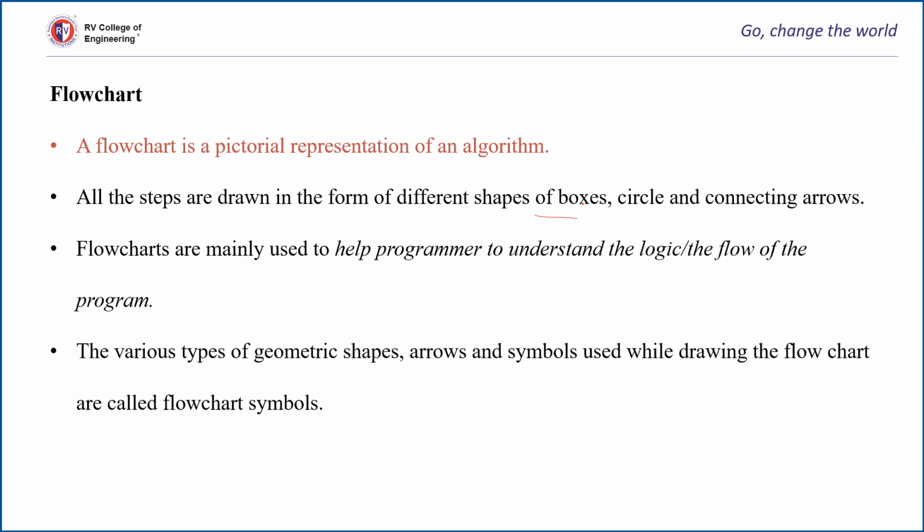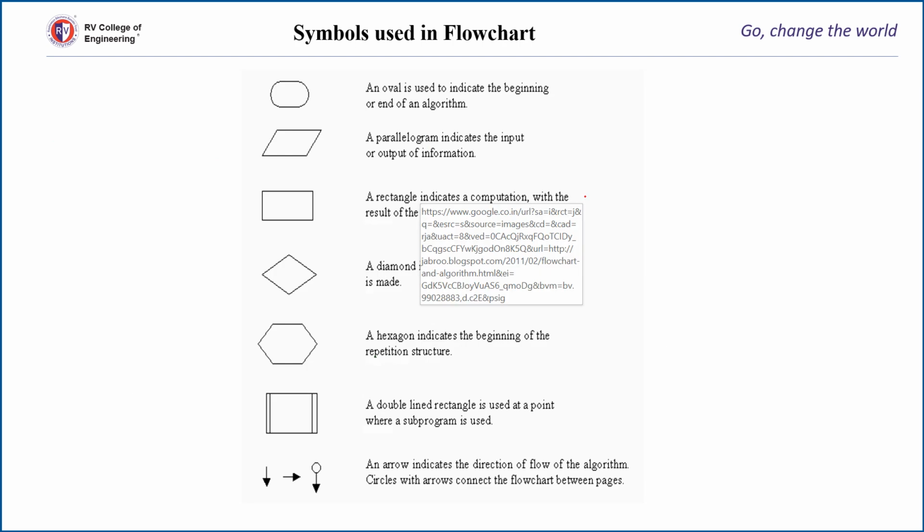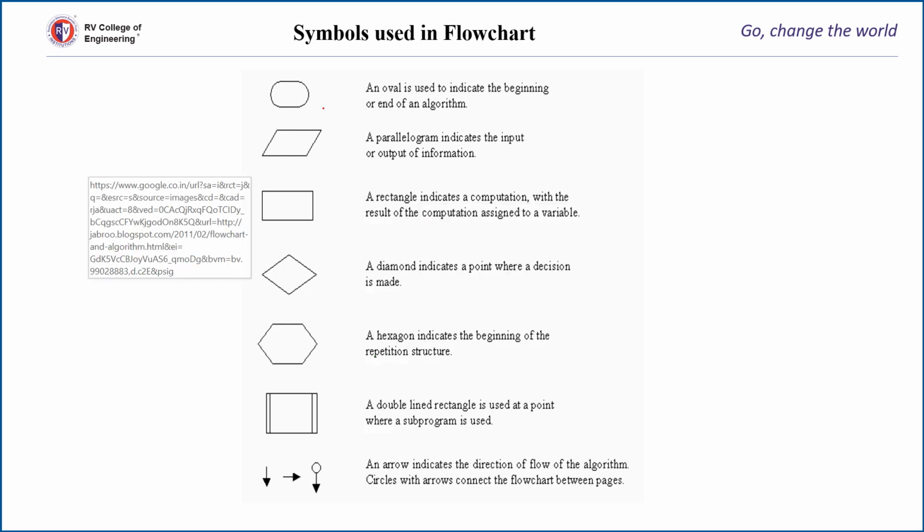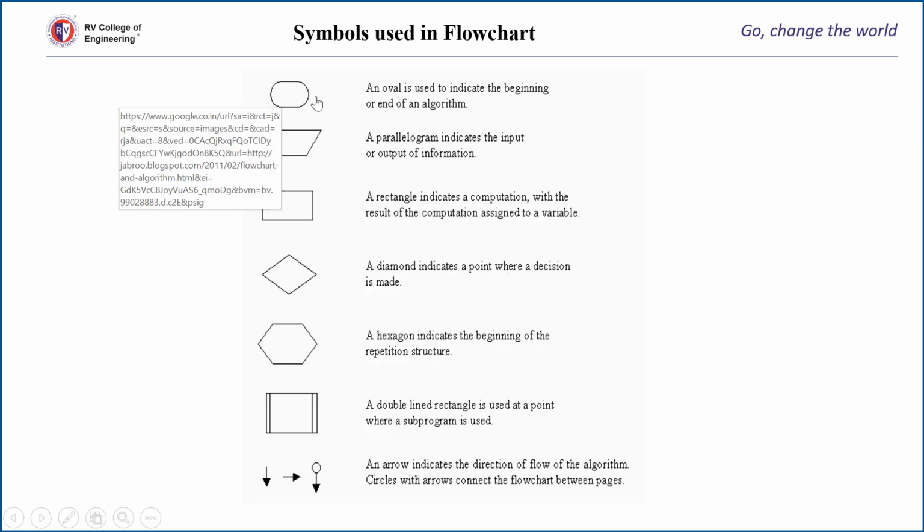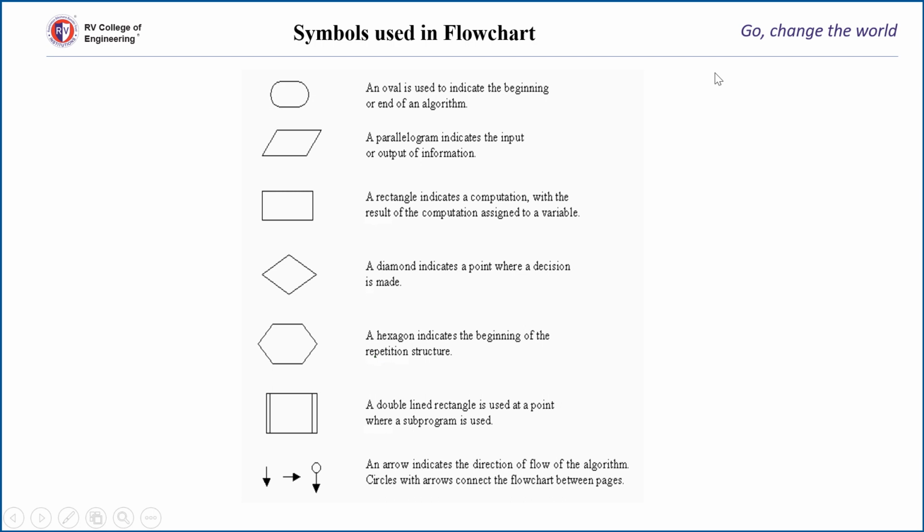Alright, now the various shapes that are available for us are oval, which is used to indicate the beginning or end of the algorithm. Parallelogram, which indicates the input and output information. Rectangle, which is used to represent the processing. Rhombus for decision making.